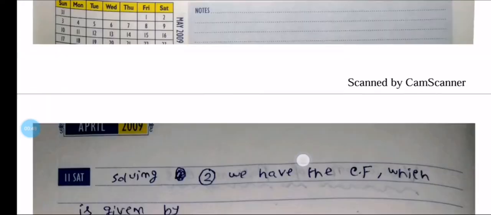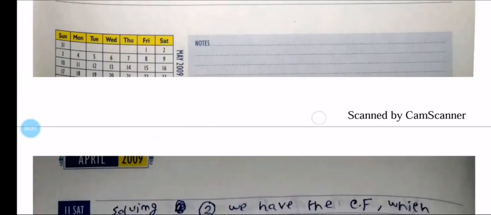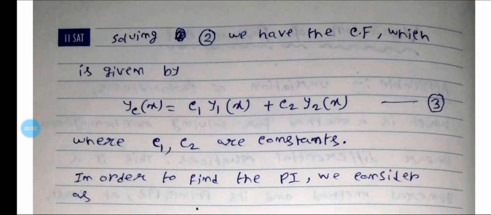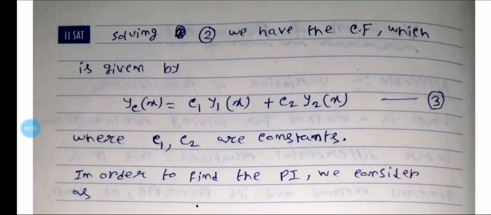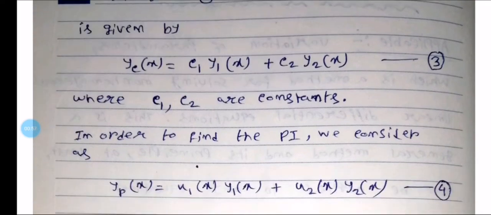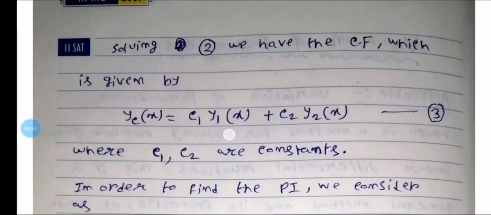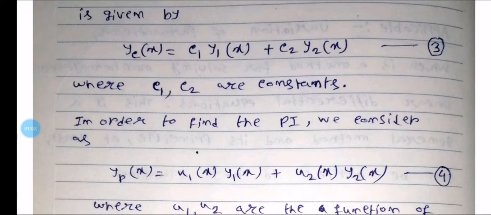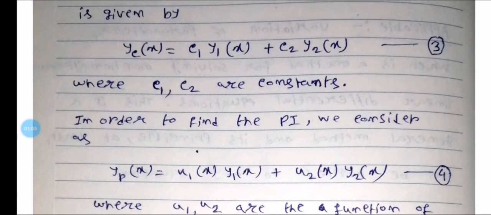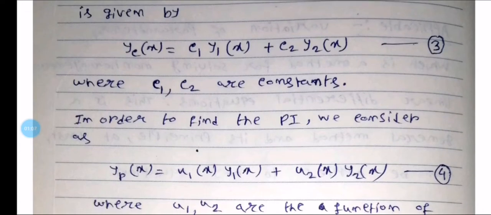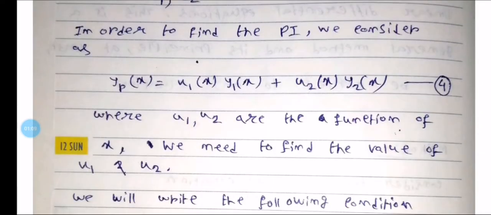Solving this homogeneous equation, we can easily find the CF, and we can write the CF as yc(x) = c1 y1(x) + c2 y2(x), where c1 and c2 are constants. In order to find the PI, we consider yp(x) = u1(x) y1(x) + u2(x) y2(x).